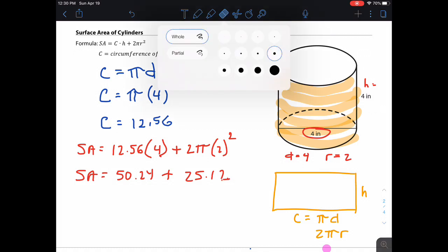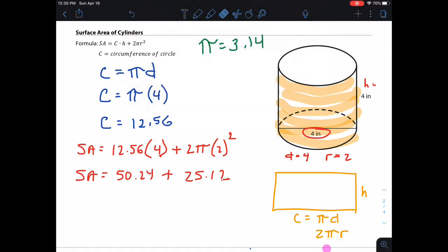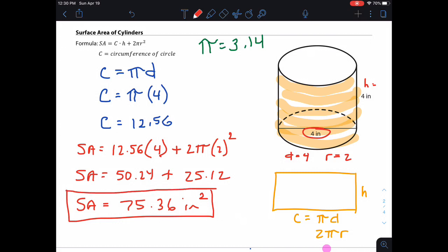There's a relationship. Come on, I'm trying to erase that bad looking 2. Here we go. Okay, so then I just have to add them together. So the surface area is equal to 75.36 inches squared. And I'm going to keep all that decimal because I can.